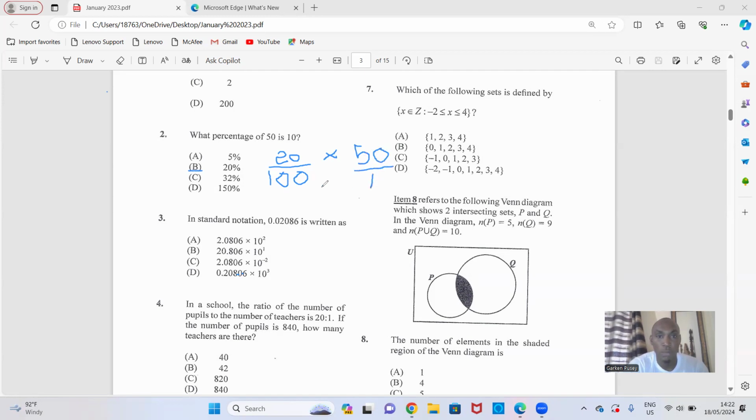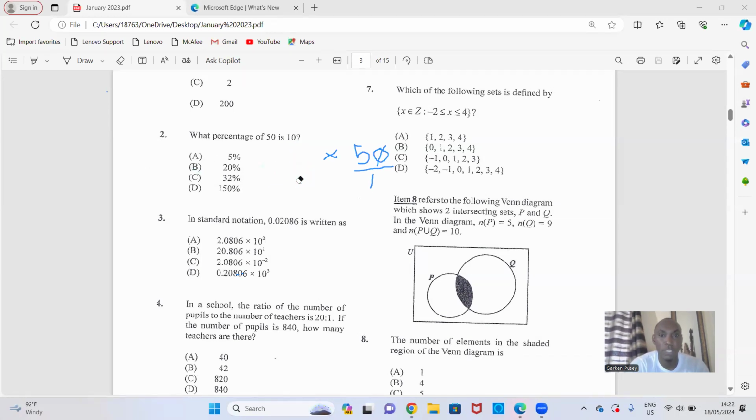We know when we are multiplying fractions, we can cancel zeros in the numerator and denominator. So we can cancel this 0 with this one, and this 0 with this one. So we're left with 2 times 5 is 10. So actually 20% of 50 is equal to 10. And again, there are many ways of doing this question.